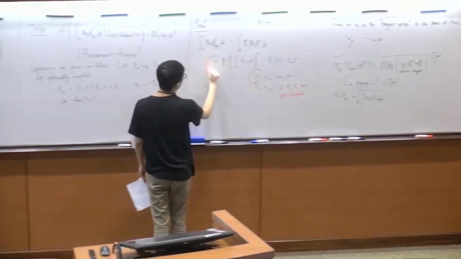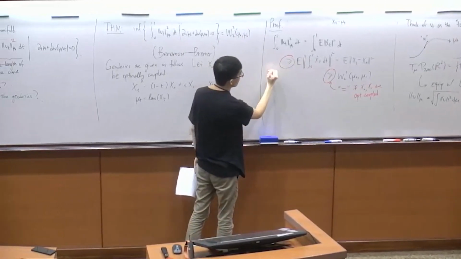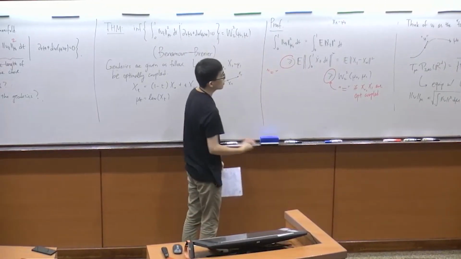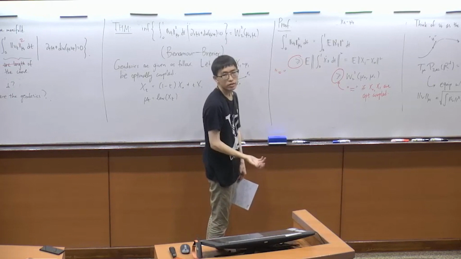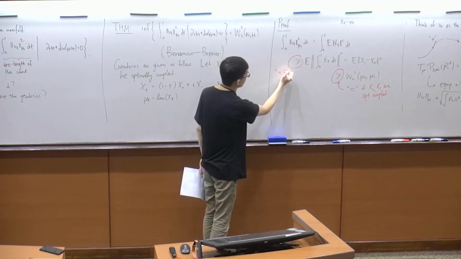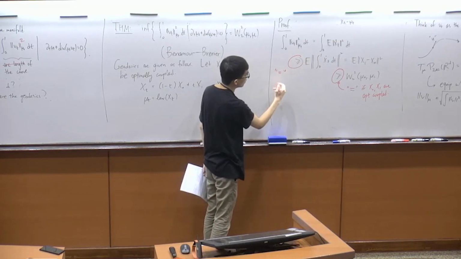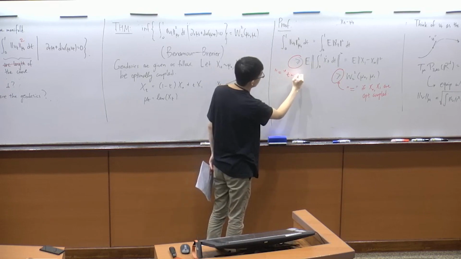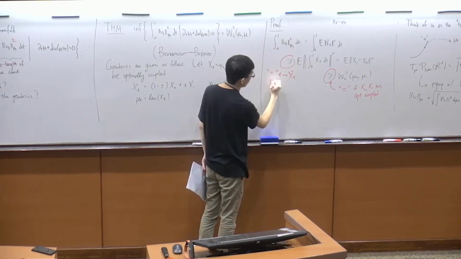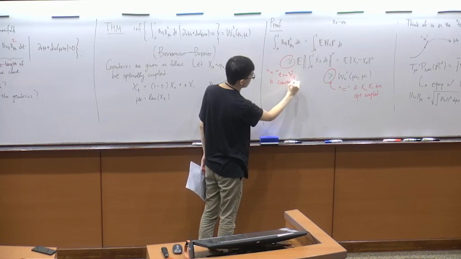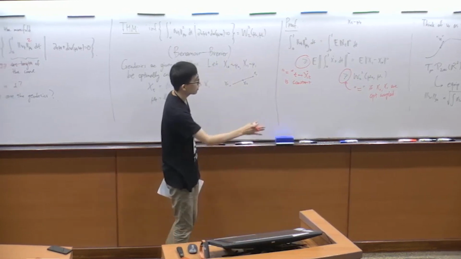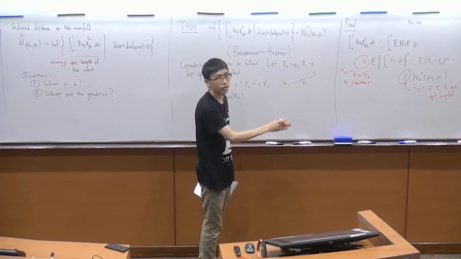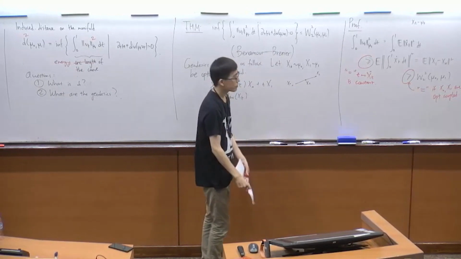And then this inequality is the equality case of Jensen's inequality. If you look at what that is, it will tell you that this is equality if and only if xt dot is constant. In other words, my particles are traveling at constant velocity.